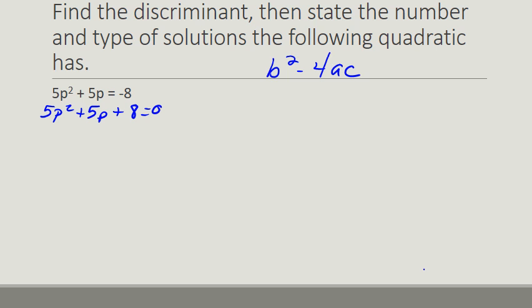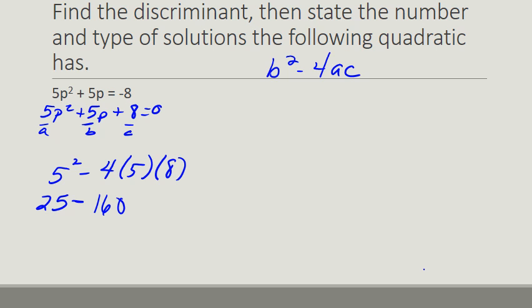So now my b is in front of the p. There's my b. Remember, it's a, b, c. So it's 5 squared minus 4 times 5 times 8. So b squared minus 4ac. So 25 minus 160. You guys know me, I'm double checking on my calculator right now.